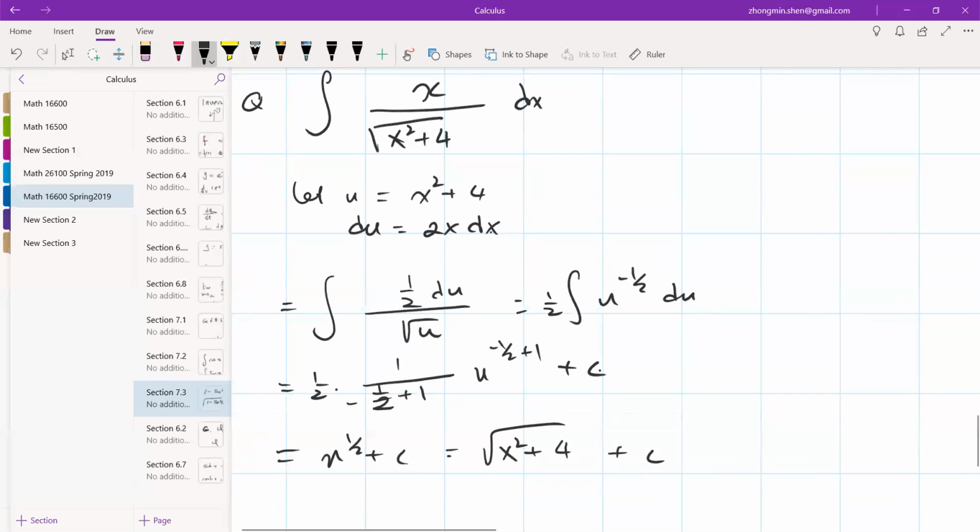Now, if you use a trigonometric substitution, does it work or not? Probably it works. With x squared plus 4, what kind of substitution can you choose? Then you have to use tangent theta.